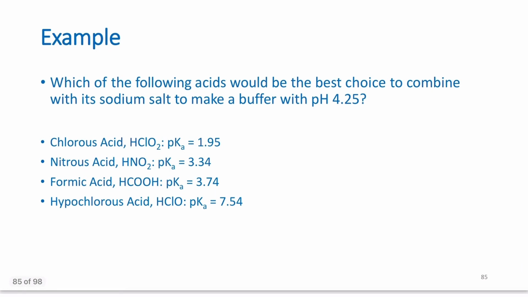Which of the following acids would be the best choice to combine with its sodium salt to make a buffer with a pH of 4.25? I can read. So, buffer range is plus or minus 1 from the pKa value.